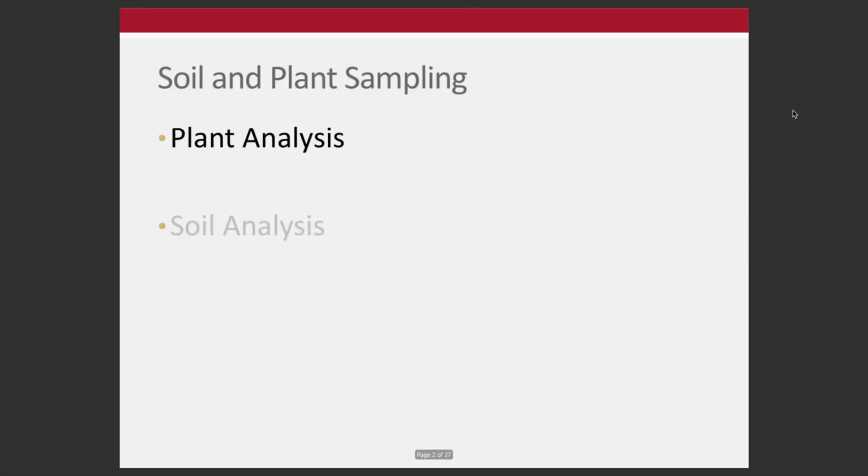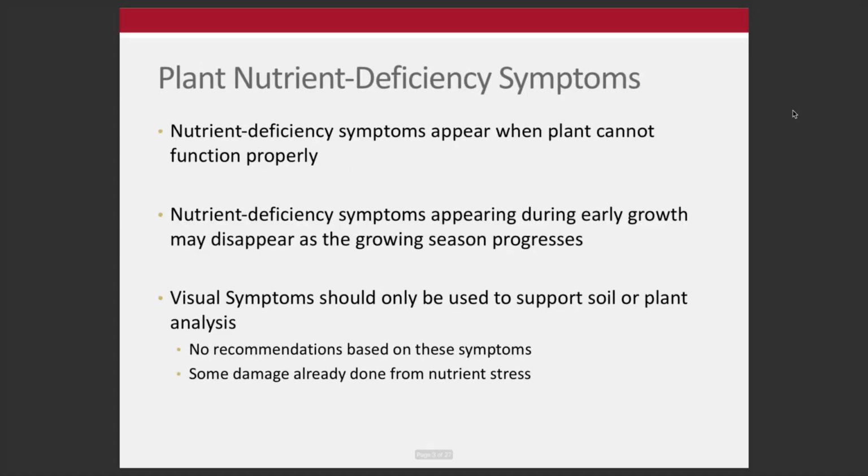Okay. So I'll go through this relatively quickly, but for plant analysis, of course, we can think about deficiency symptoms appearing when plants can't function properly, right? These are often in early growth or even into later vegetative growth.